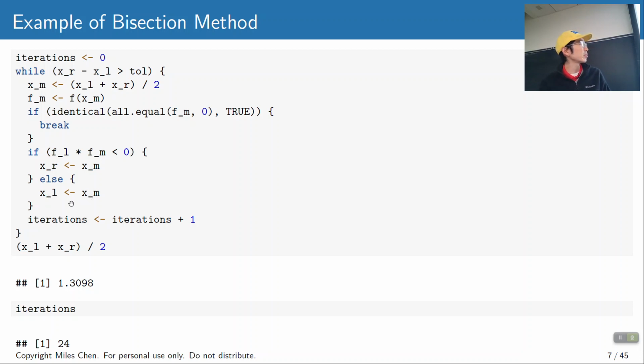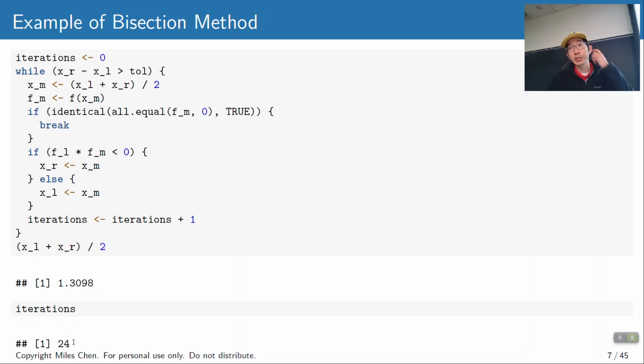And so this is the bisection method, and then I'm going to increment my number of iterations to add 1 to that. Okay. When the loop is all done running, I will take the average of the left side and the right side, the midpoint of the left and right side, and that will be my root. So my approximate root is 1.3098. How many iterations?